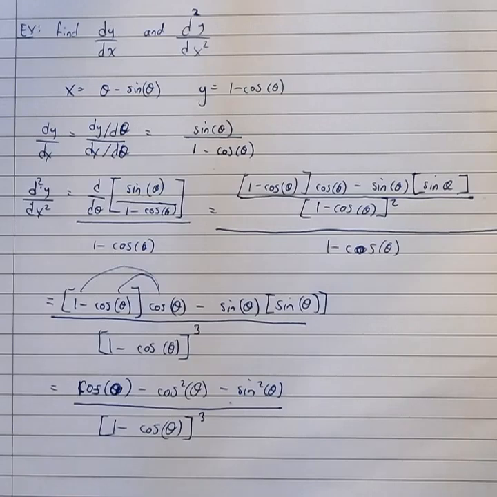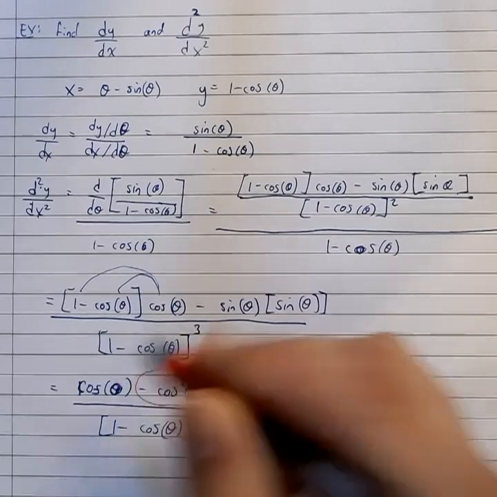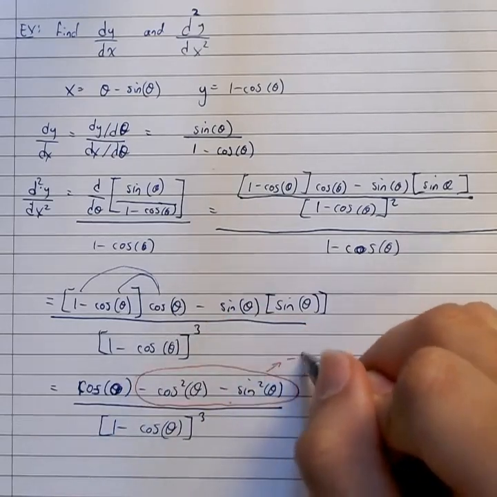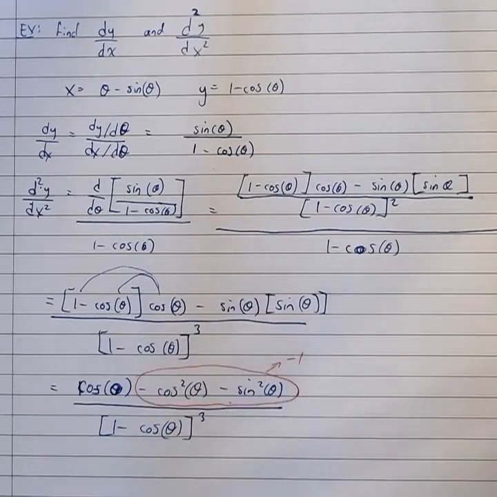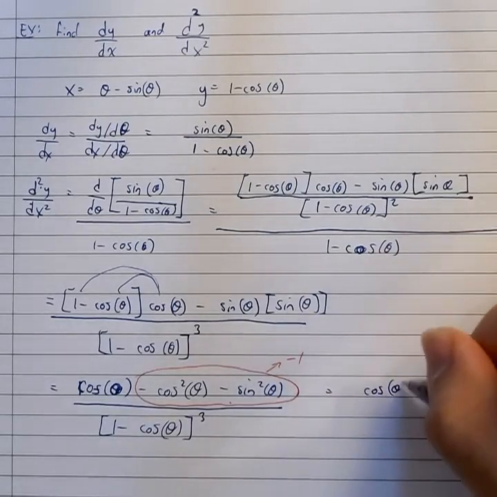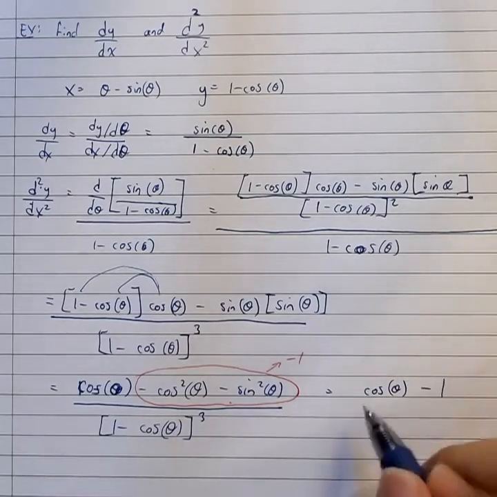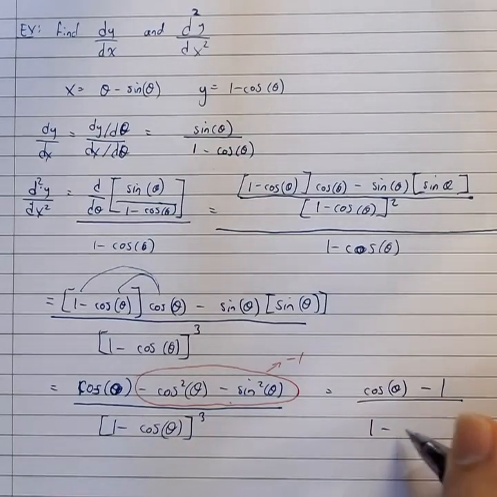But notice now, sine squared of theta plus cosine squared of theta would equal 1. Oh, but now both of these are minus. Okay, so all of this right here, by the Pythagorean identity, is just minus 1. So here we can write this as cosine of theta minus 1. This becomes minus 1 over 1 minus the cosine of theta quantity cubed.